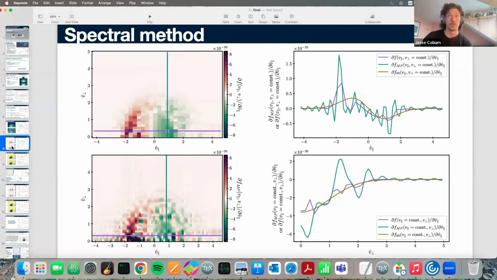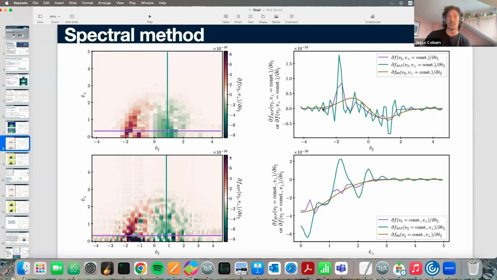So now when we go to look at the derivatives, this is the derivative in the parallel direction. The parallel derivative of the interpolated function is on the top, the Hermite function on the bottom, and then I've done the slice thing on the right hand side again. What you can see is that the bumpiness in the function is more expressed in the derivative of it.